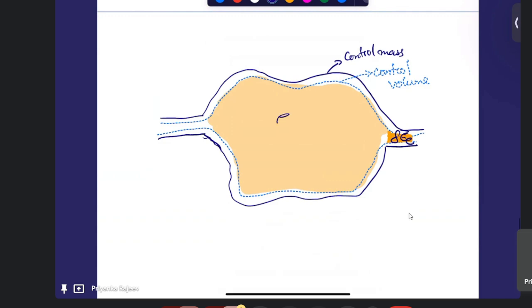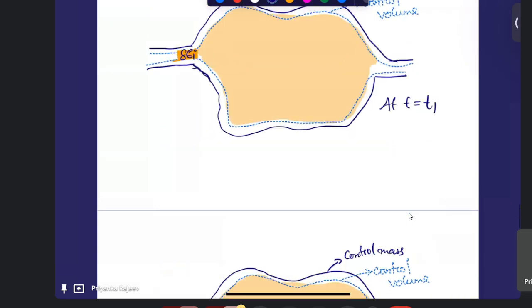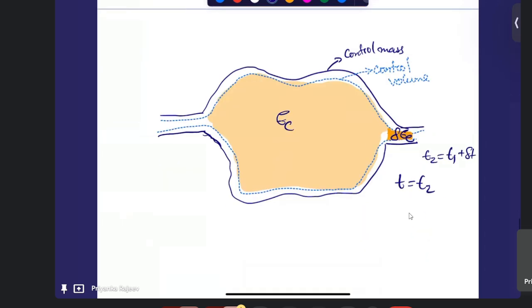And the system at T equal to T2, which is T2 equal to T1 plus delta T, and this is at T equal to T1, and this is having an energy of control volume as ECV at T. This is ECV at T1 plus delta T.